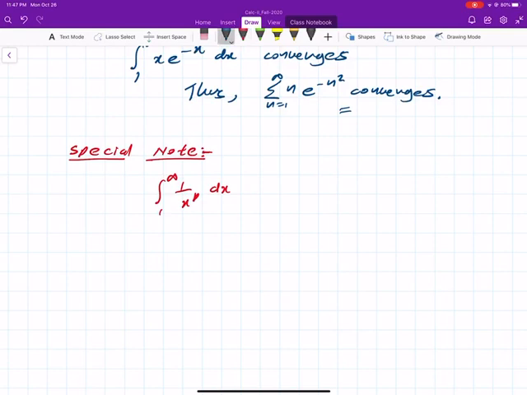Let's say you want to integrate that. Okay, this integration is either minus 1 over 1 minus p, if p is greater than 1, or this will be infinity if p is less than or equal to 1.